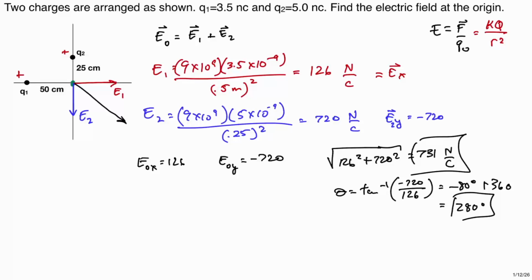We can find the force on a charge at the origin now. If we put, say, a positive charge at the origin, which way would it go? It would go into the fourth quadrant, right? Why? Because that's where the electric field is pointing, right?